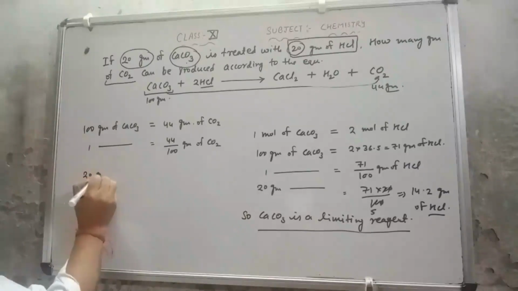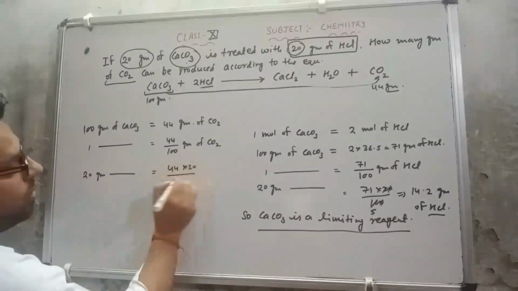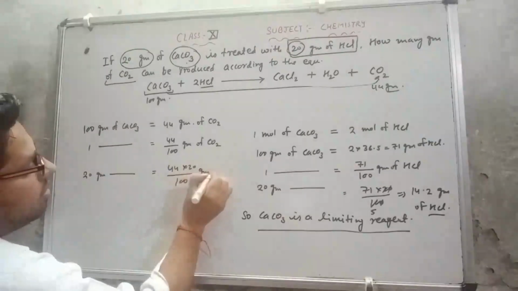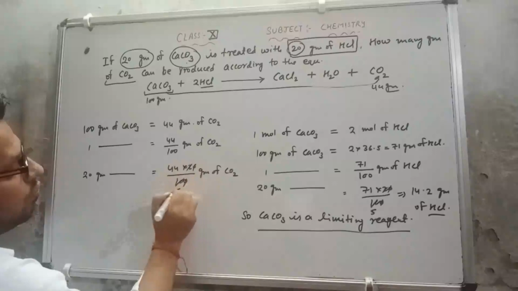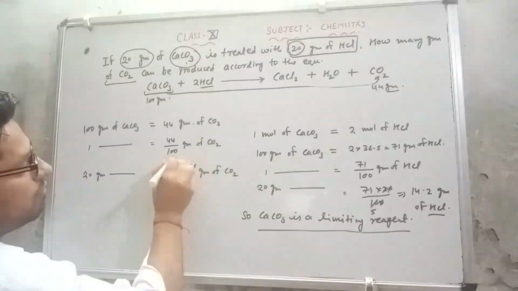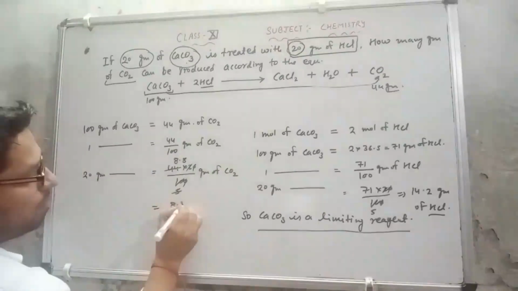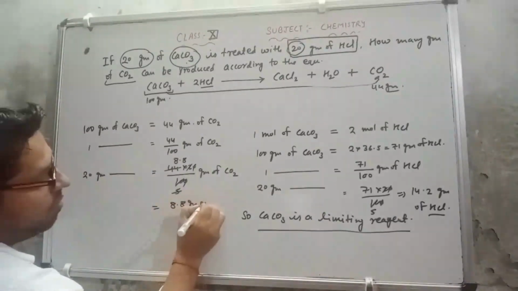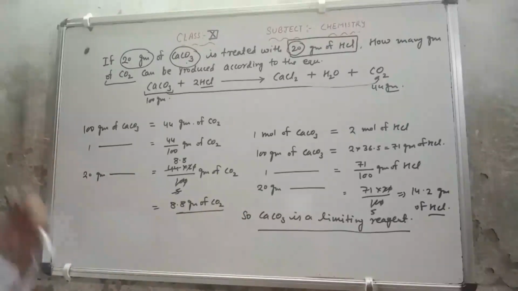So 20 gram will give 44 into 20 upon 100 gram of carbon dioxide. 2 5s are 10, 5 8s are 40. So 8.8 gram of carbon dioxide gas will form from 20 gram of calcium carbonate.